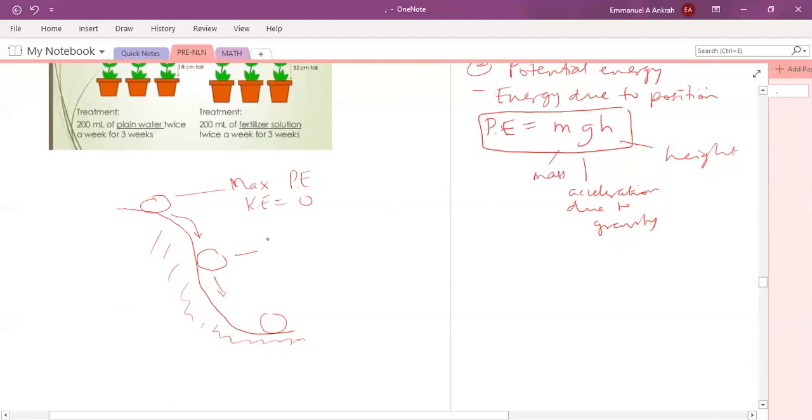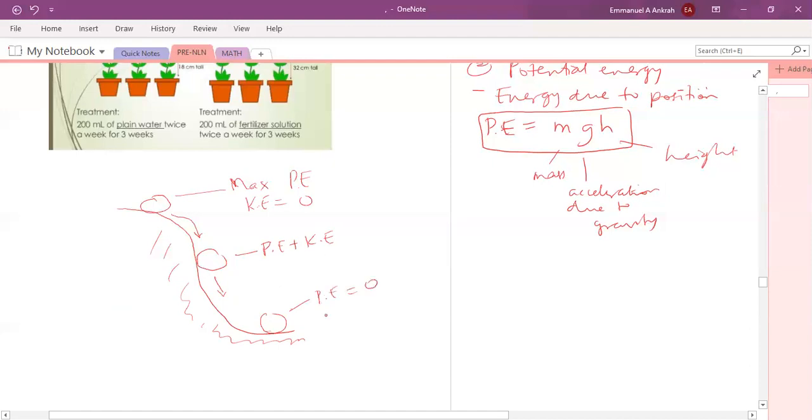So in between, the total energy here, you have potential energy plus kinetic energy as it's rolling down. That'll be the total energy. And then once it hits the ground level, because the height is 0, the potential energy will be 0.